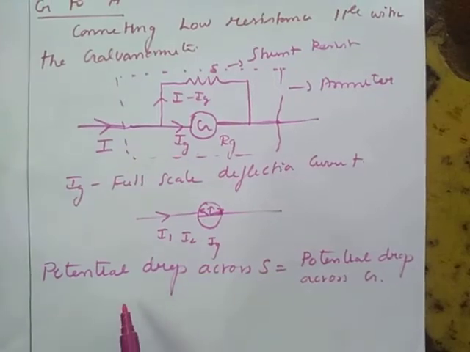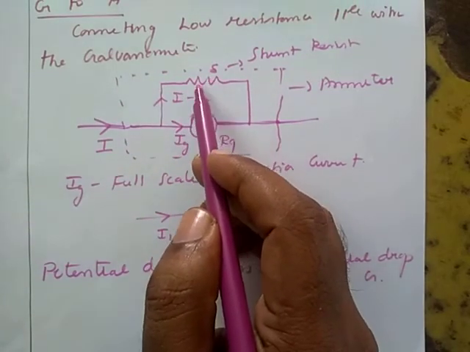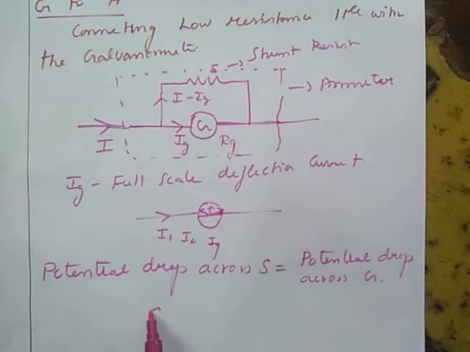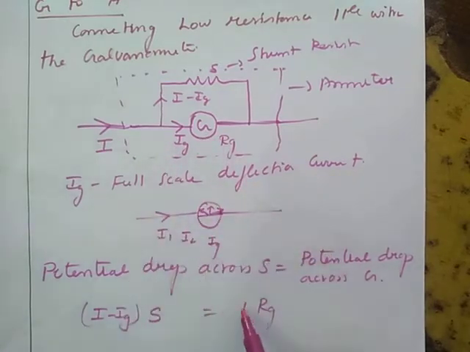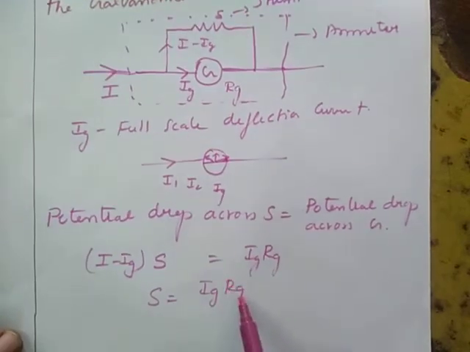Then for this case the resistance is S and the current is I minus Ig, that is equal to the potential drop across G. The galvanometer resistance is Rg, and the current through the galvanometer is Ig.